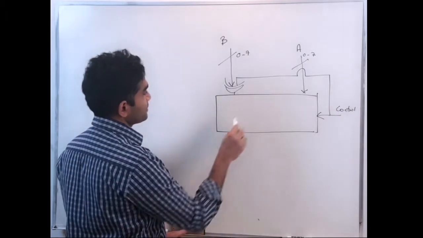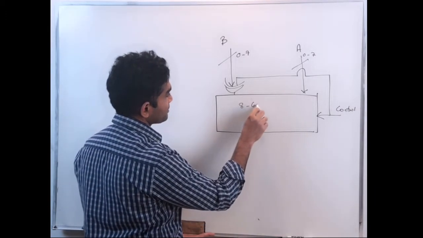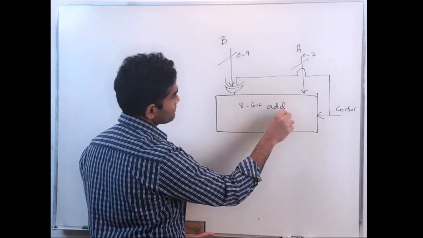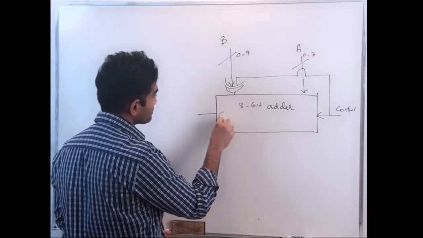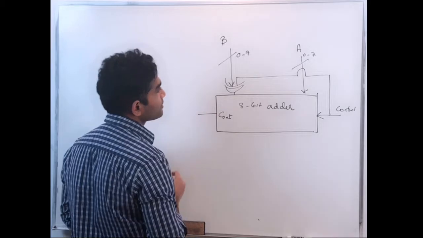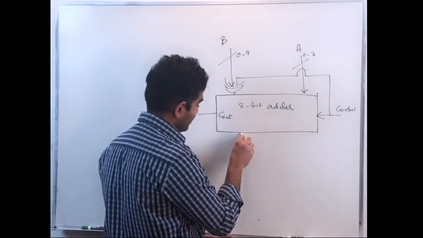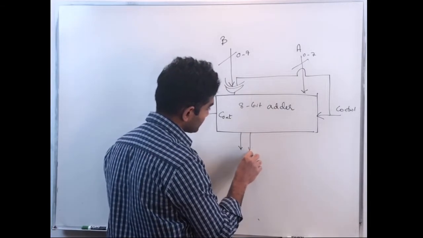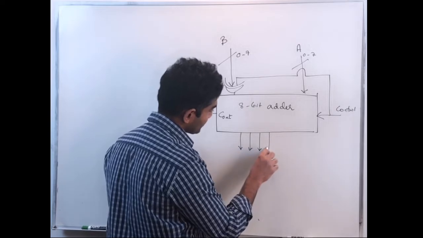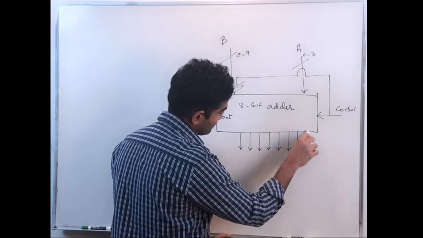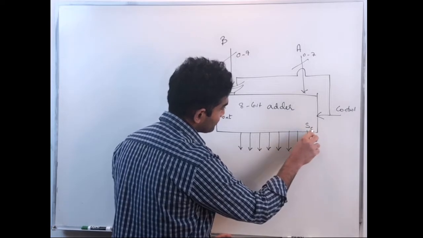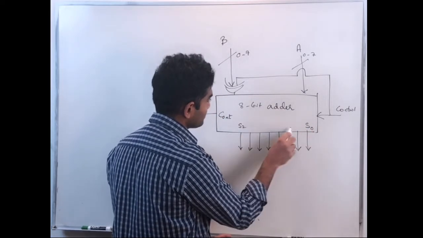That's your 8-bit adder. All right, that's your C out. And we have 8 sums coming out, S0 through S7.